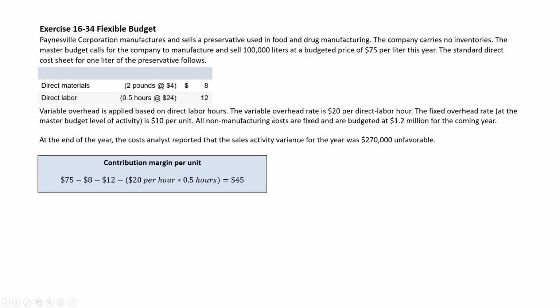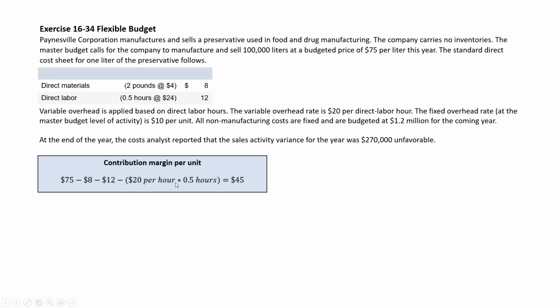Now, one thing that I find goes wrong here is that a lot of times students will say, oh, the variable overhead rate is $20 per direct labor hour, so I'm just going to subtract the $20. Remember, it's per direct labor hour, and each unit only needs a half an hour, or 0.5 labor hours, so I need to take that $20 per hour times 0.5, only $10 in variable overhead.